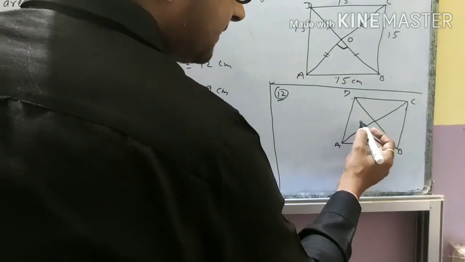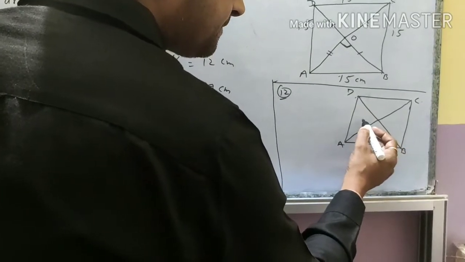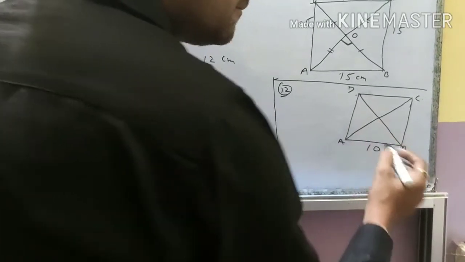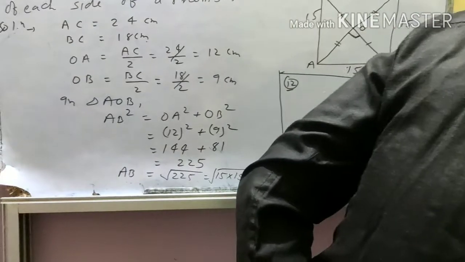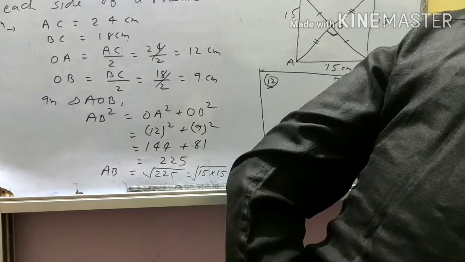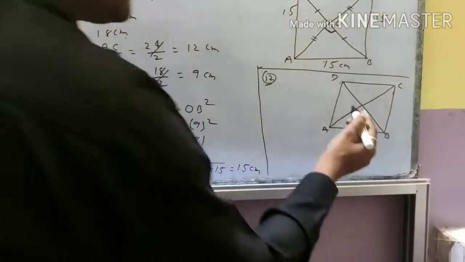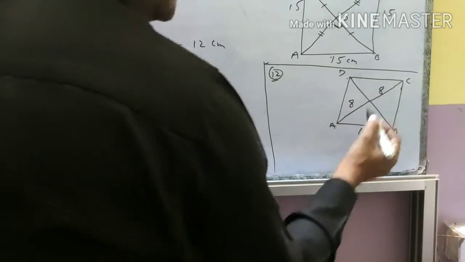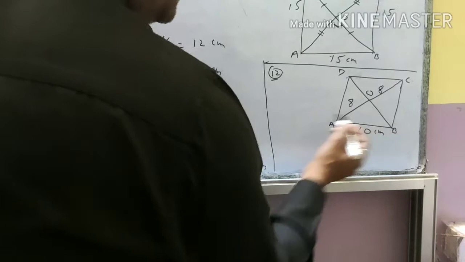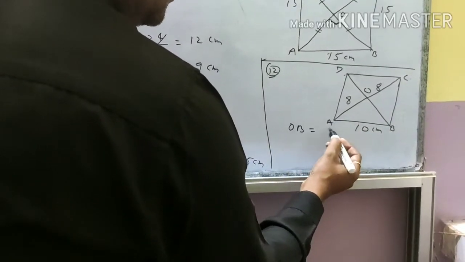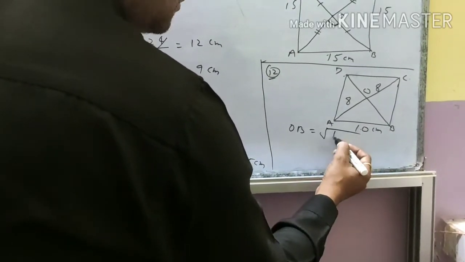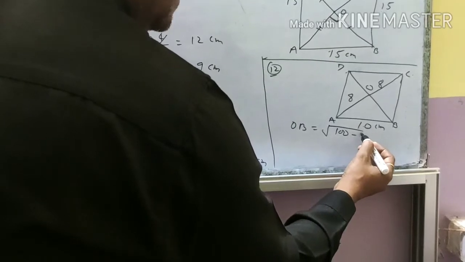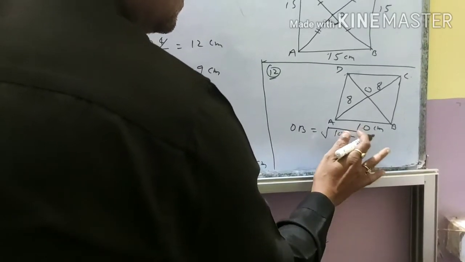So one diagonal is 16 centimeter, that means this is 8 and this one is 8. So we can find here OB. OB is equal to under root 10 square minus 8 square, that means 100 minus 64.